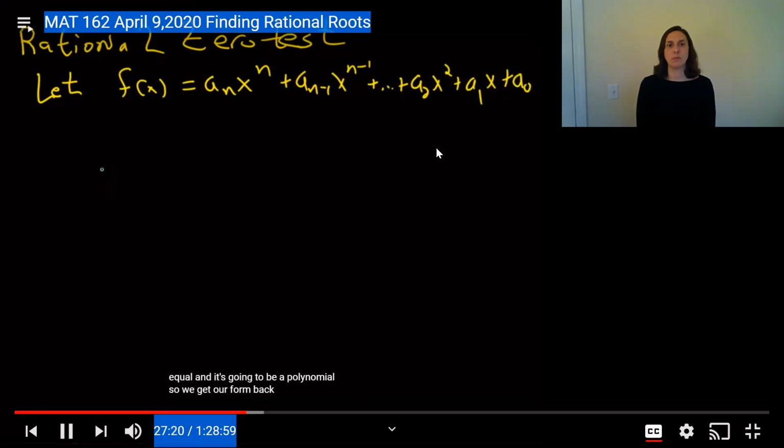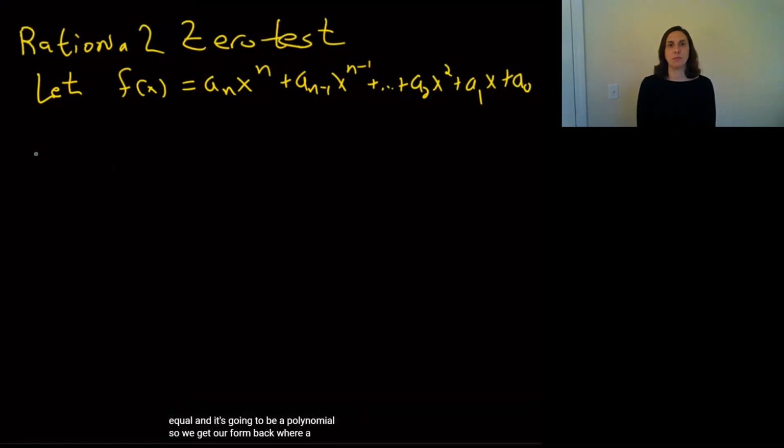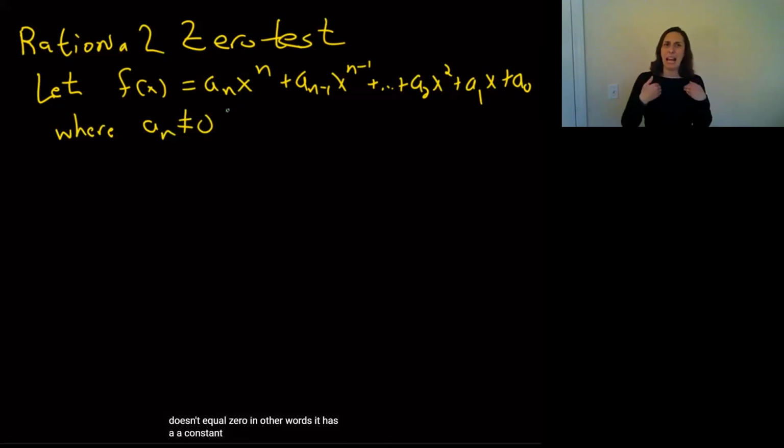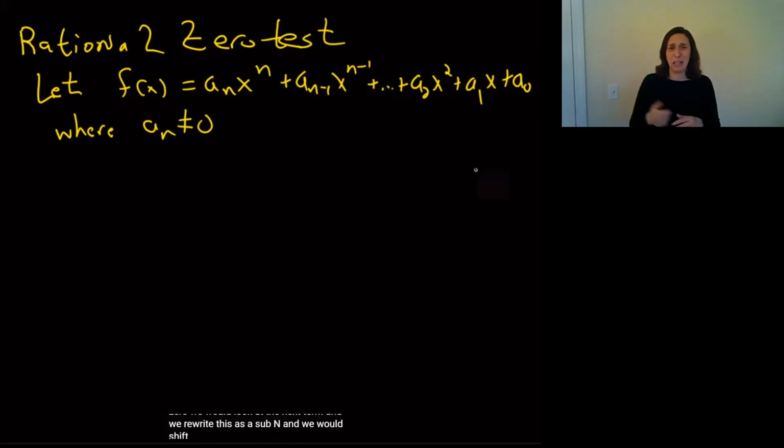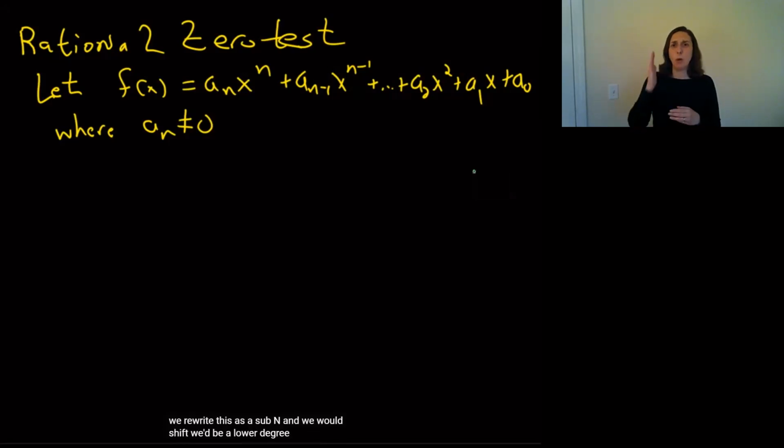Where a sub n doesn't equal 0. In other words, it has a constant here. If a sub n were 0, we would look at the next term and we rewrite this as a sub n, and we would shift. We'd be a lower degree polynomial. And so where a sub n equals 0, so this will represent a polynomial.